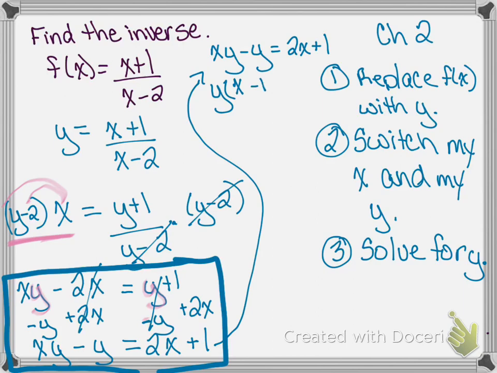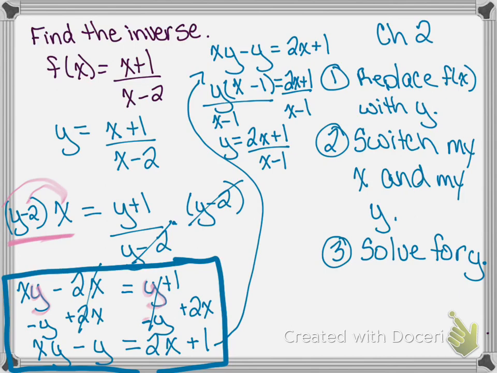Y times -1 gives me y. Now, what do I do to get y by itself? You got it. So my answer is y equals 2x plus 1 divided by x minus 1.